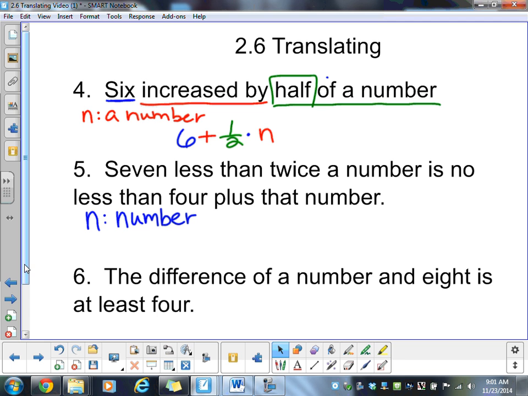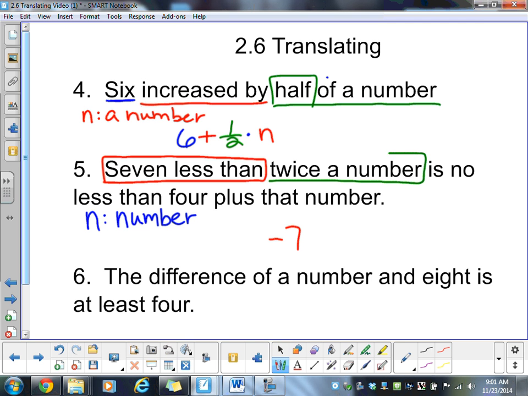All right, so we start out with 7 less than. If you think back to that first slide, 7 less than means we're going to subtract 7 from something. What we're subtracting it from is twice a number. So if you want twice something, you're going to multiply it by 2. So twice a number is 2n. And then we see "is no less than." This can be tricky.